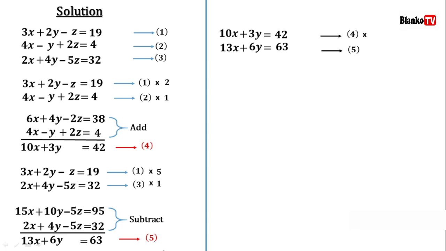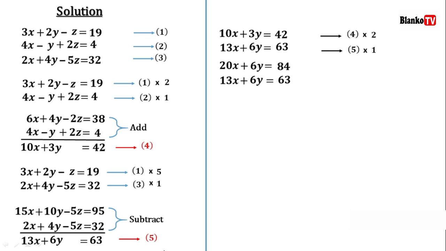So let's multiply equation 4 by 2, and then we multiply equation 5 by 1. And when we do that, we are going to get 20x plus 6y equals 84, and then 13x plus 6y equals 63.